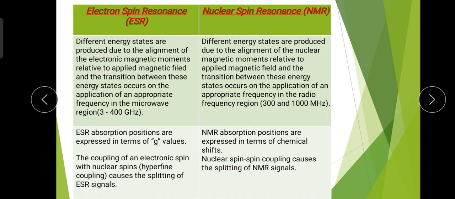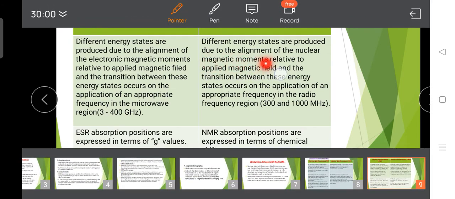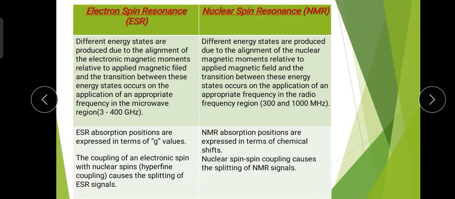In nuclear magnetic resonance, if we place the sample in the presence of an external magnetic field, there is an alignment of nuclear magnetic moments, and due to that we have some total magnetic moments along the direction of the field as well as opposite to the direction of the field.